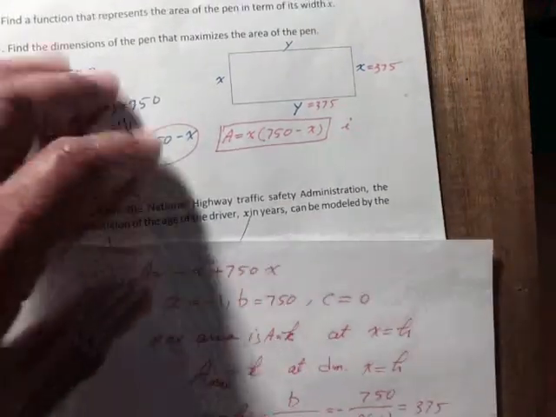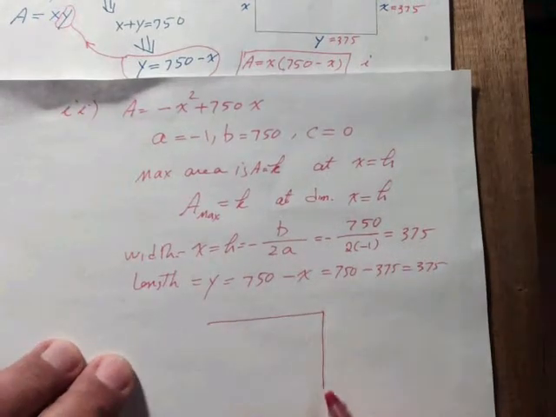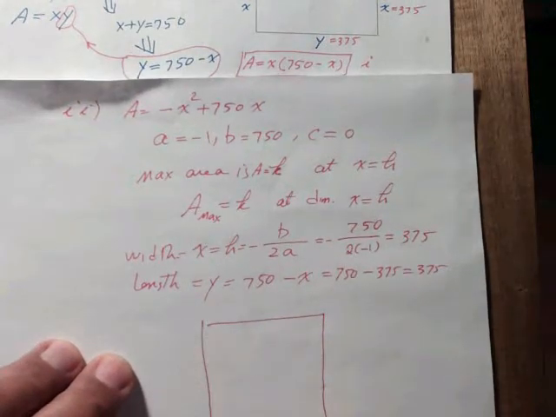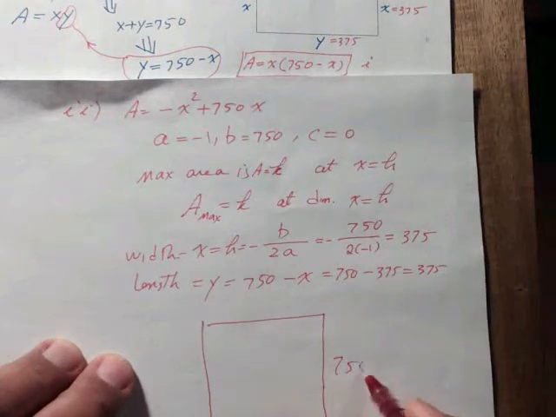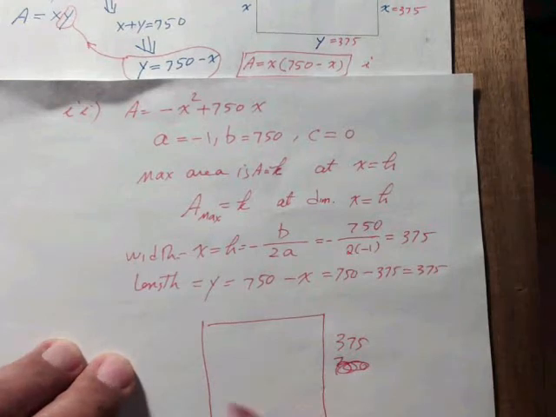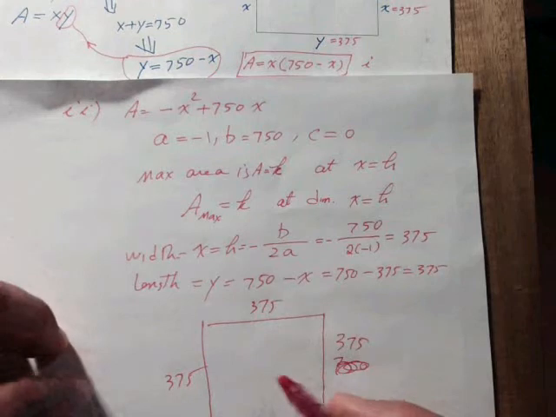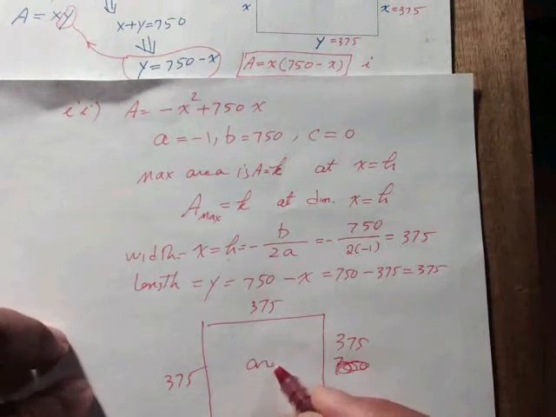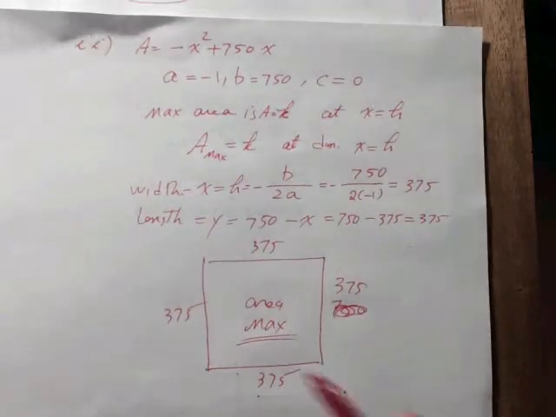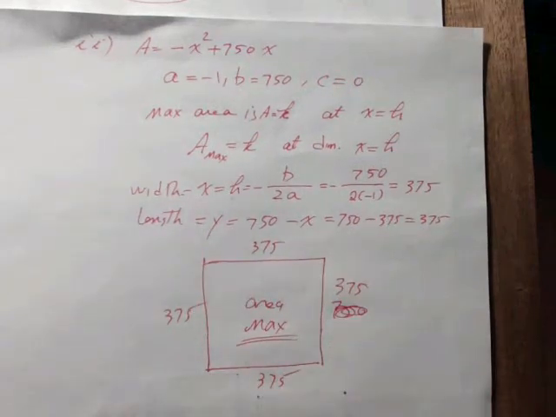The picture is like this again, right? 375, 375, 375, 375. So this area is maximum. I don't care how much the maximum area is, I just know it is maximum. So that's how I'm going to build my pen for the dog.